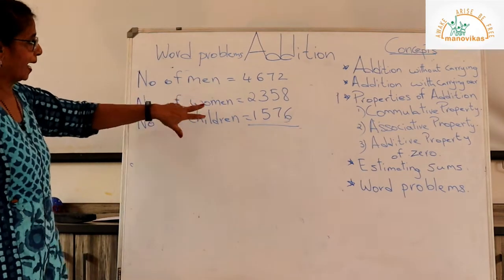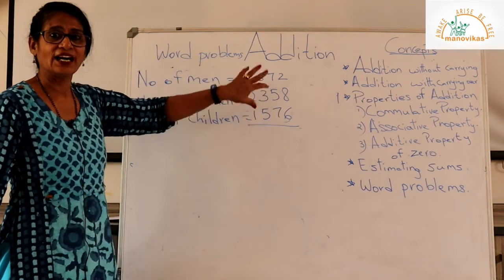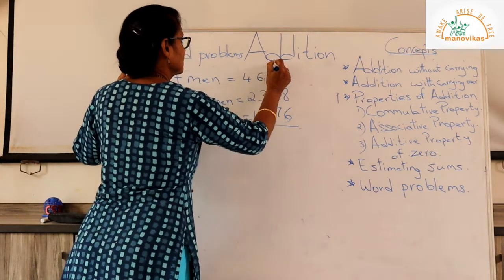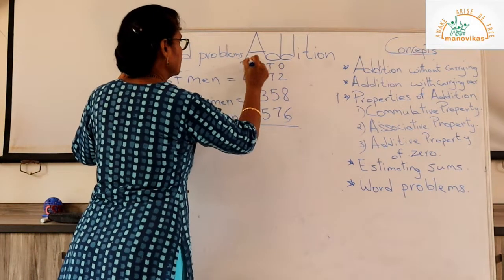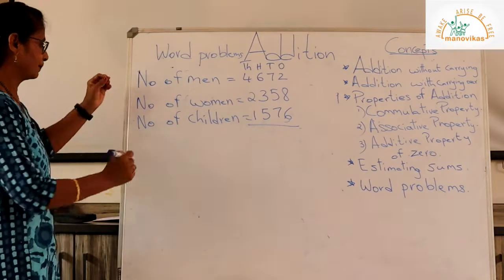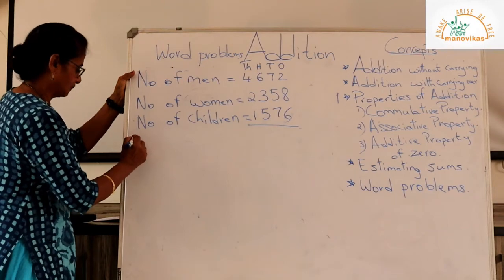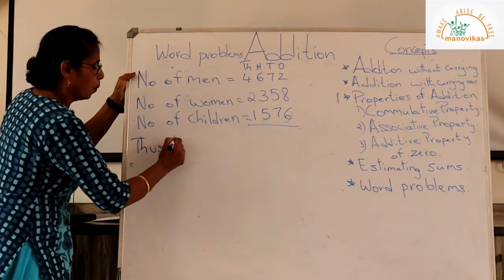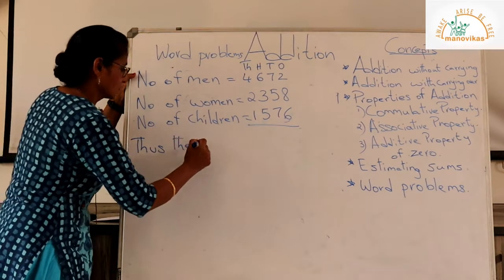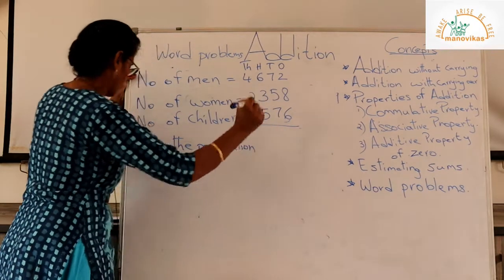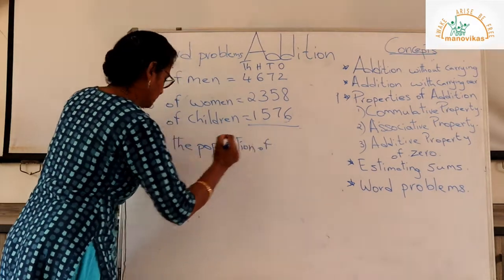We have to add all the three numbers which have 4 digits each. So we put ones, tens, hundreds and thousands and add similarly like we did for the previous problem. We have to find out what is the population of the village.